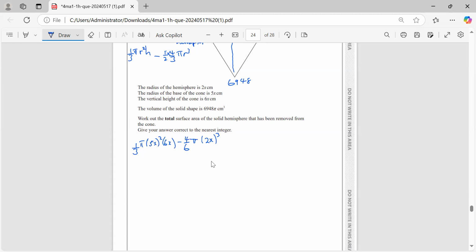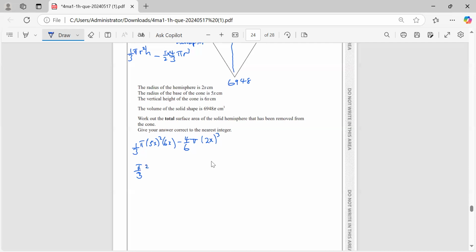All right. So if you square this, let's just expand it. We're going to have pi over 3, and if you square 5x, you get 25x squared.